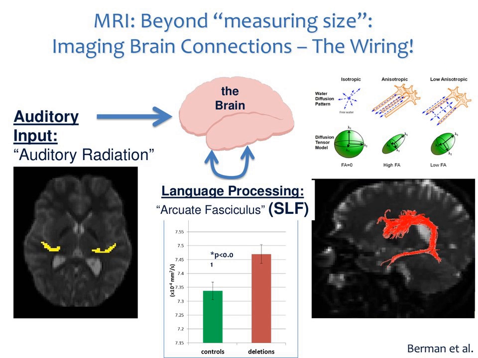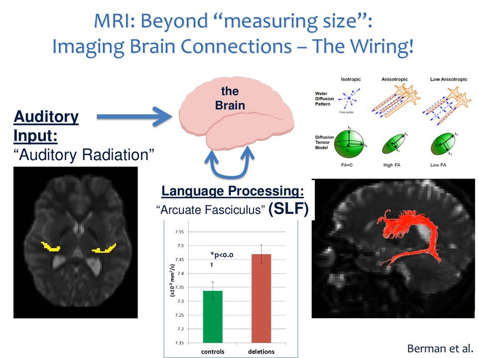However, size isn't everything. We're also interested in looking at the connections, the wiring of the brain. And this involves not just taking, let's say, a regular MRI, but a more advanced form of MRI called diffusion-weighted imaging. And diffusion-weighted imaging essentially allows us to image the white matter fibers.